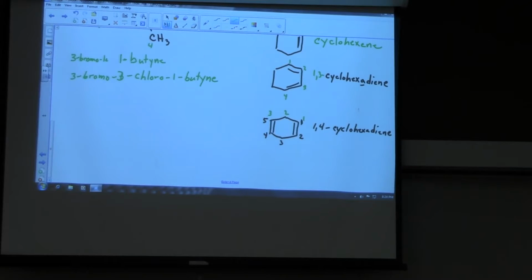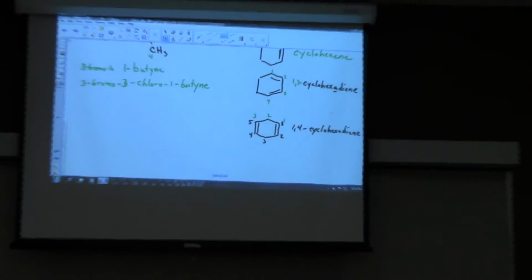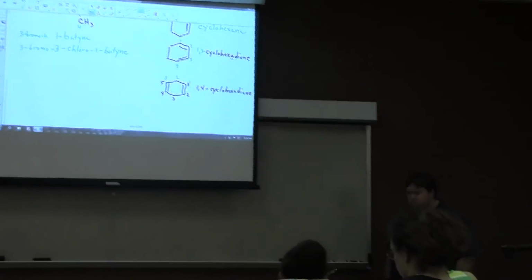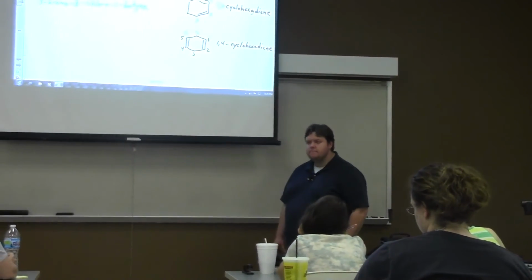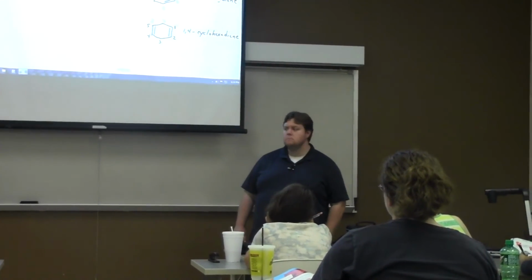All right. Now, when it comes to alkenes and alkynes, we've already said that their geometry is different from alkanes. How so? What's the geometry of an alkene? Planar. It's trigonal planar, right?